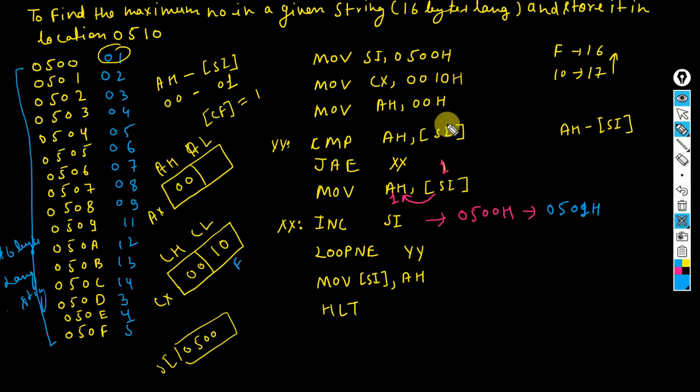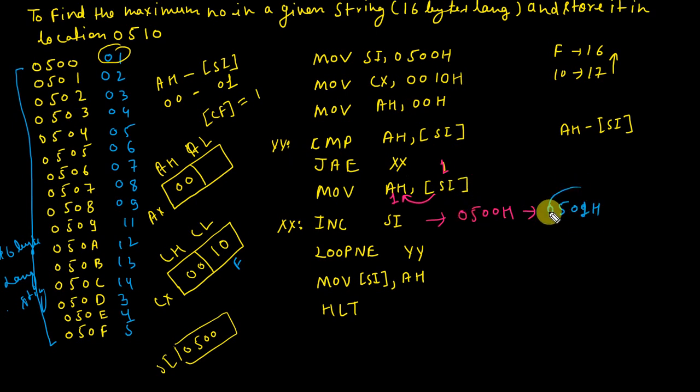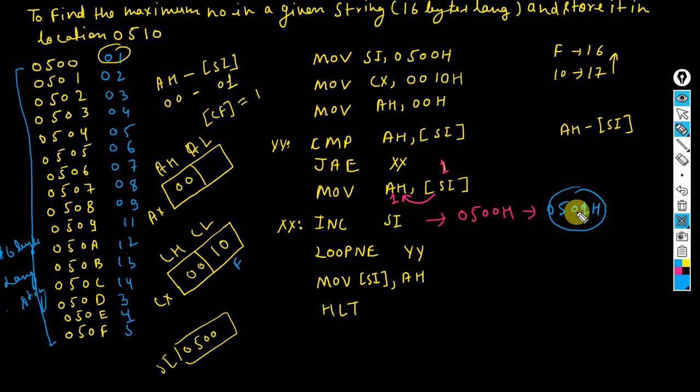And next instruction, content of SI is, check the 0501 location is 2 and content of AH is 1. Okay, then in the compare instruction AH minus 2, again the carry flag is high, the jump above or equal condition is not satisfied, meaning our AH content is lower than SI.